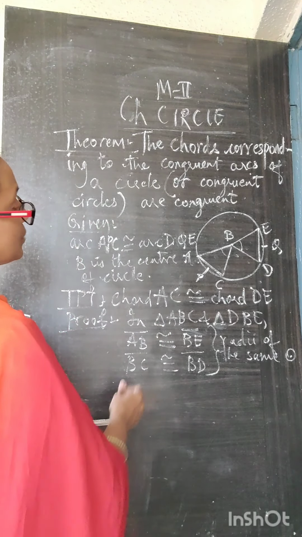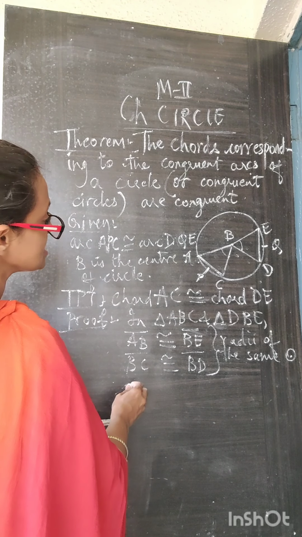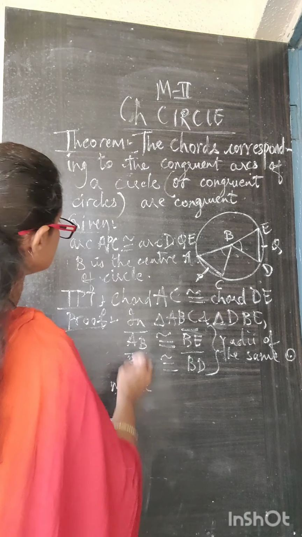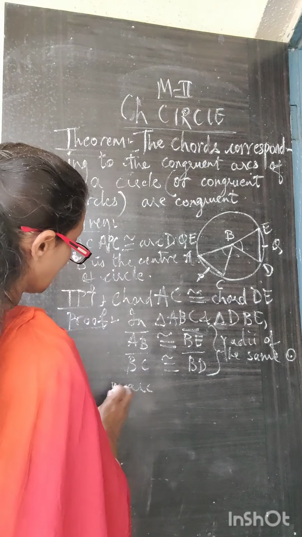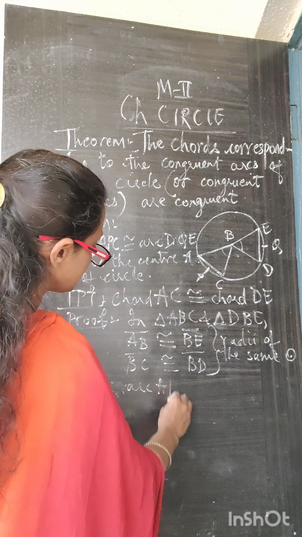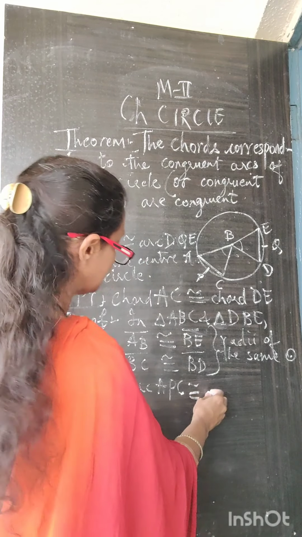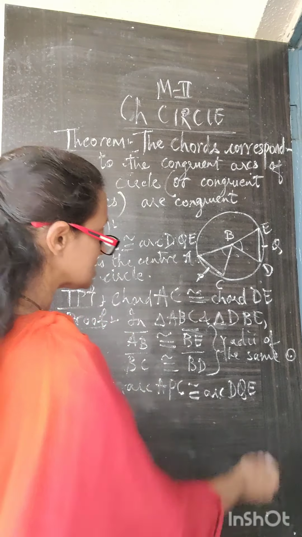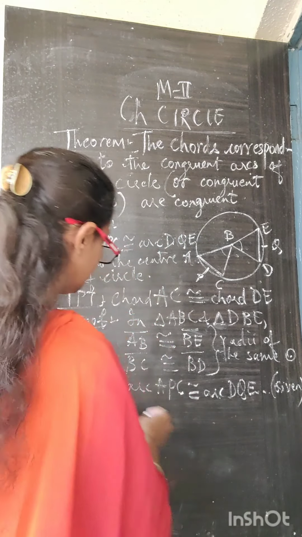So that means two parts we got, and the third part which we have got is the measure of arc APC. Just now we have written here, arc APC is given. So arc APC is congruent to arc DQE. Correct? That is what is given. So from the given, what do I know?